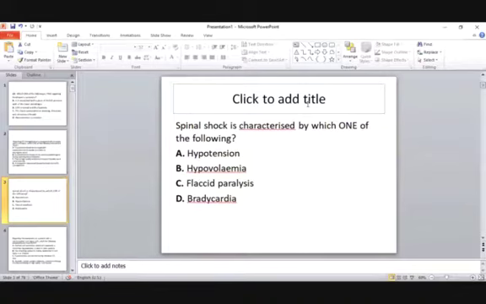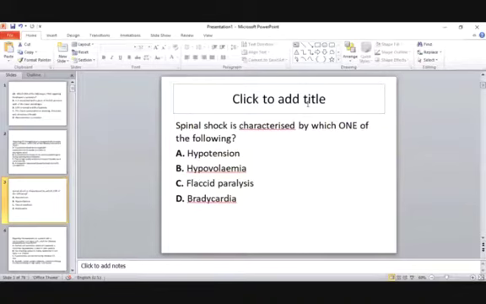So what's the difference between spinal shock and neurogenic shock? Neurogenic shock is a kind of distributive shock which happens secondary to peripheral sympathetic denervation, especially at cervical and thoracic levels. So in neurogenic shock you get hypotension, and if there is involvement of the heart you get bradycardia.